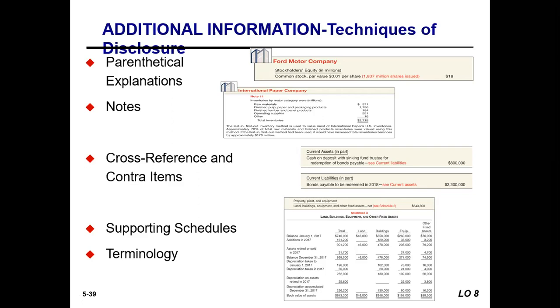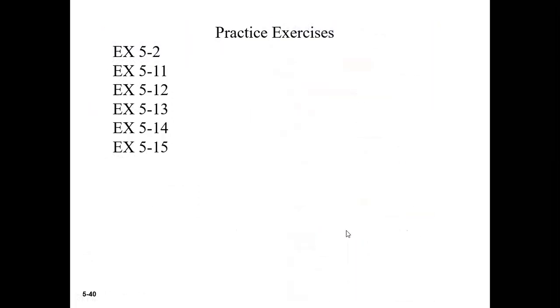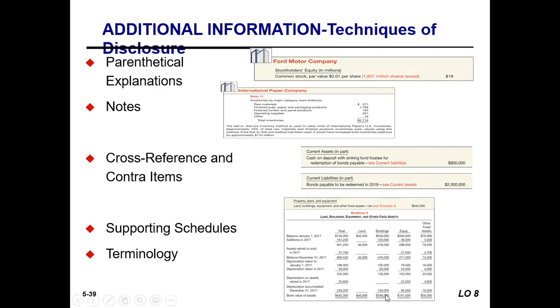And then supporting schedules. This one is showing us a depreciation schedule. It's showing us the balance of each of these asset accounts, any additions we made that year. So that gives us obviously the ending balance, and then any depreciation taken on each of the assets, depreciation accumulated as of that year.